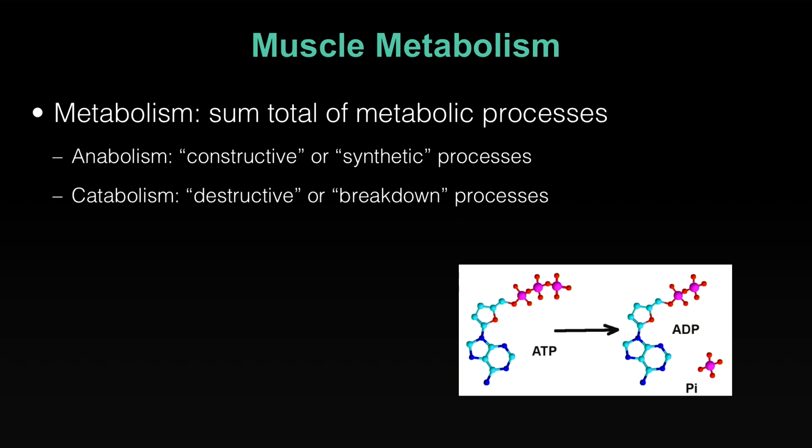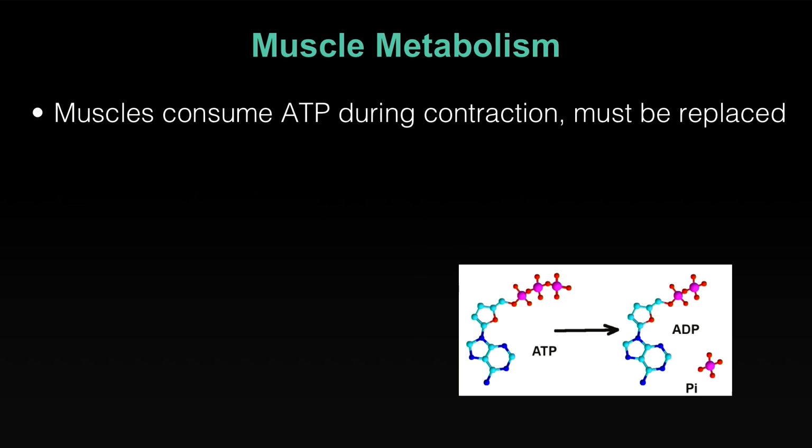Why? Why do we need to consider metabolism? Simply put, muscles use ATP. ATP needs to be replenished. So, all of the systems we're going to talk about, their ultimate goal is make ATP.